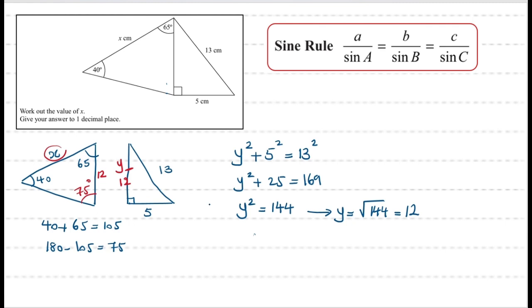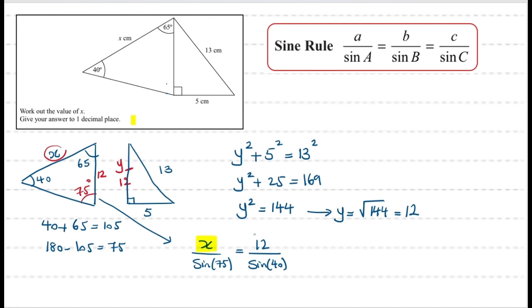So in this triangle here, we write x over sine of its opposite angle 75 equals 12 over sine of its opposite angle 40 degrees.